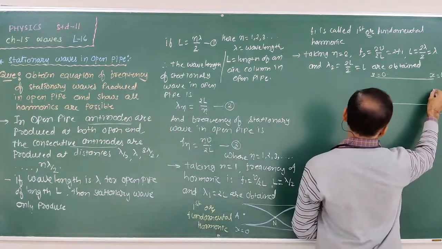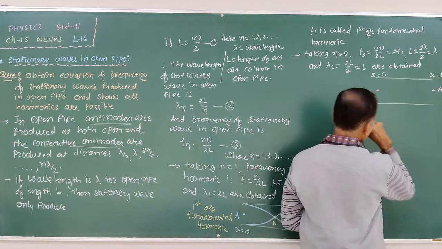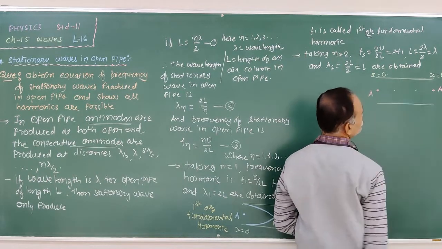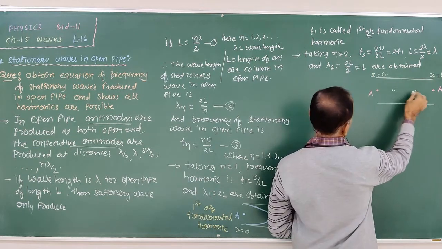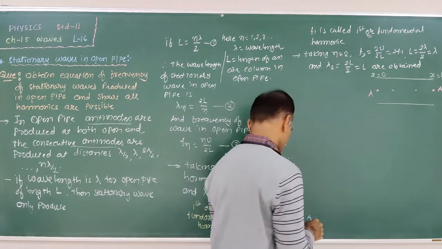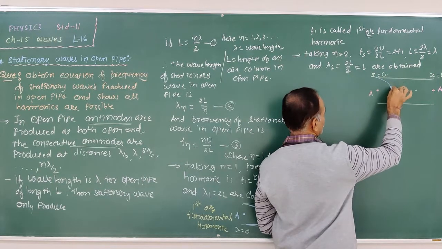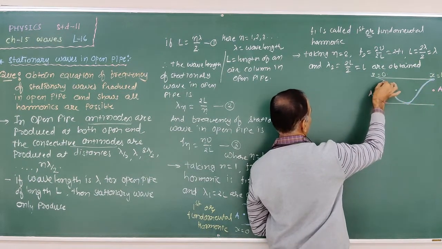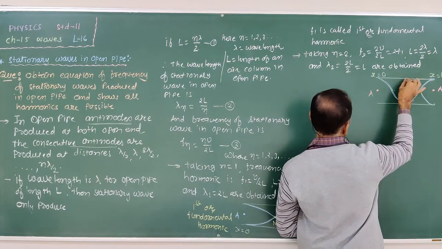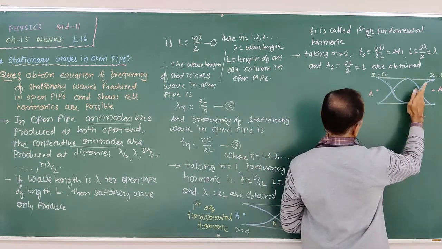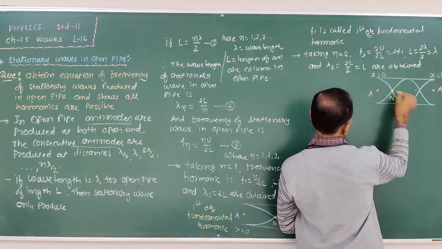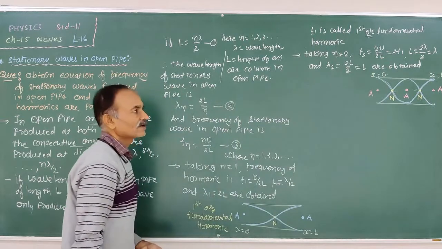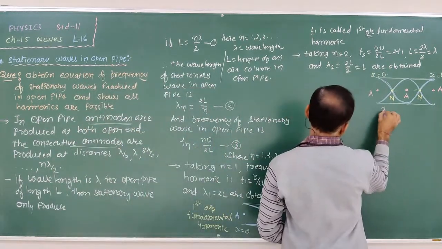Here there are antinodes at the ends, and one node is generated in the middle. So these are the antinodes and this is the node point. So this is the second harmonic.